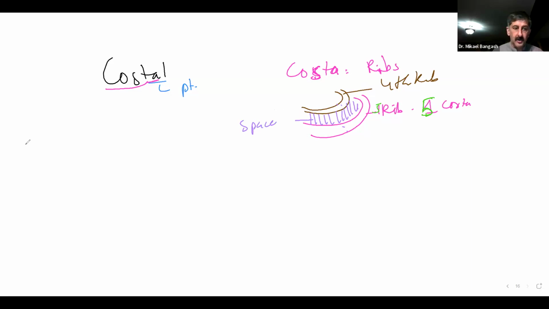But this space here is going to have a name, and that's going to be very straightforward because it is going to be inter, which means in between. And where does this space fall? It falls in between two ribs. So intercostal space.